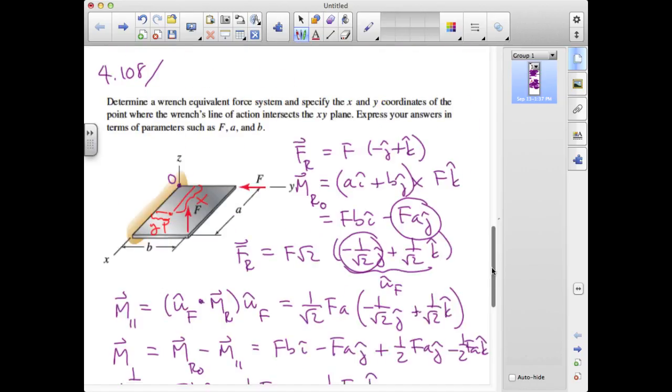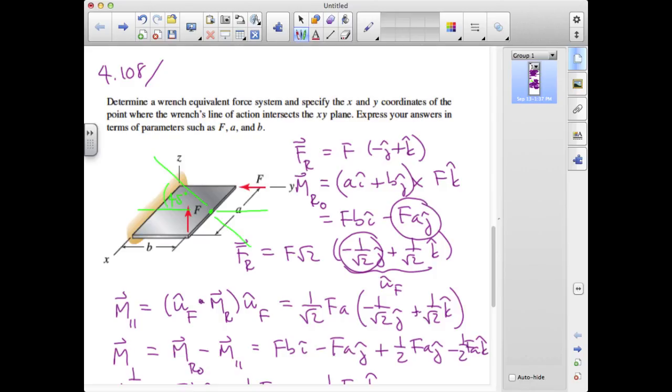So if we like, we can come back and just summarize this. We had y was equal to b and x was equal to a over 2. That puts point P right here in the middle. We know that the resultant force and the parallel moment component are going to make a 45-degree angle off the xy plane.